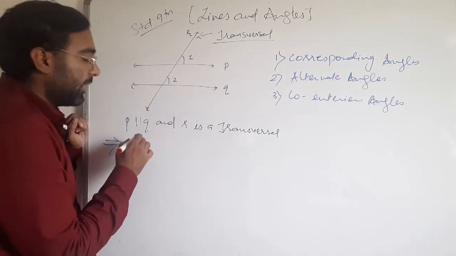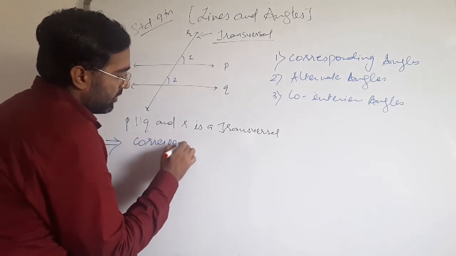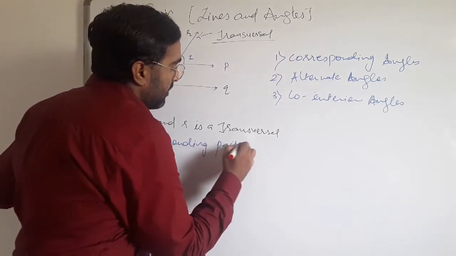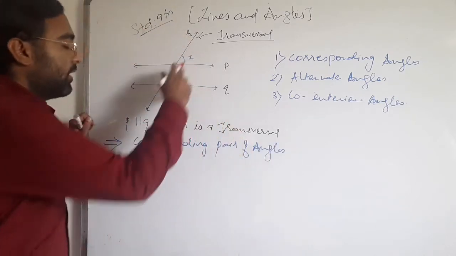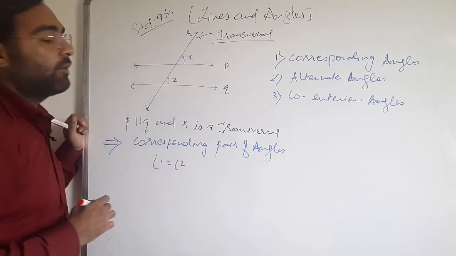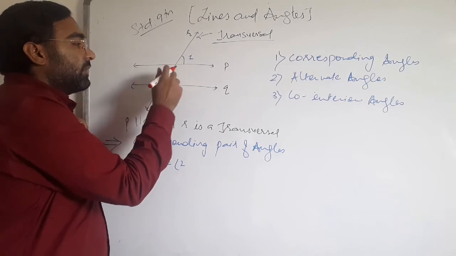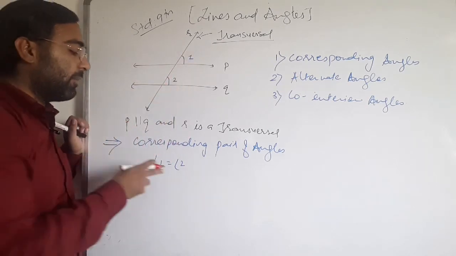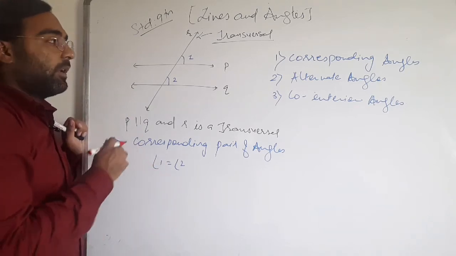For the corresponding pair of angles, angle 1 and angle 2 are the corresponding angles. This kind of pair of angles are corresponding angles and both of them are always equal.